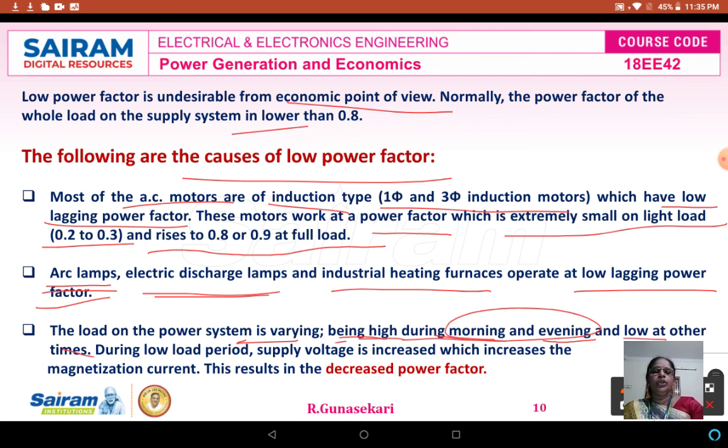During the low load period the supply voltage is increased, which increases the magnetizing current only. So what is the result? It decreases the power factor, and the power also reduces, so the efficiency also reduces. These are the causes of low power factor.